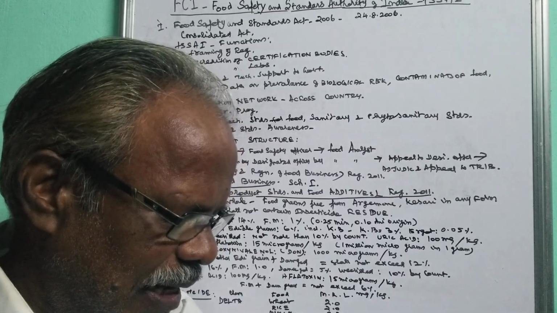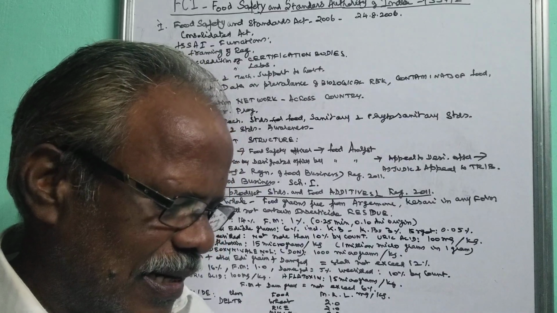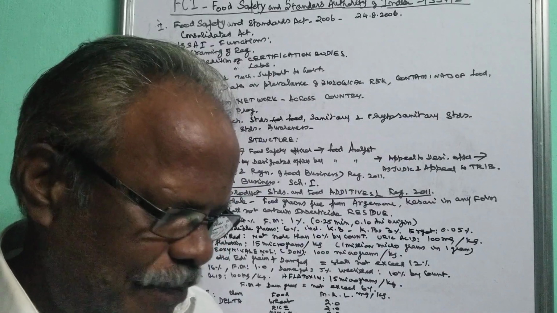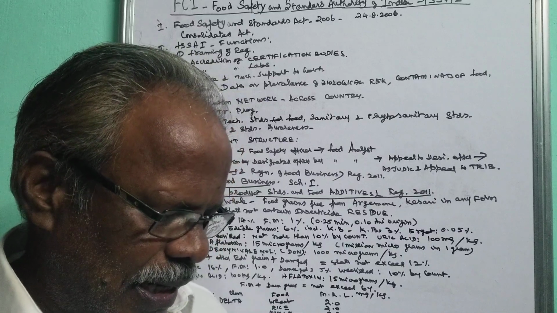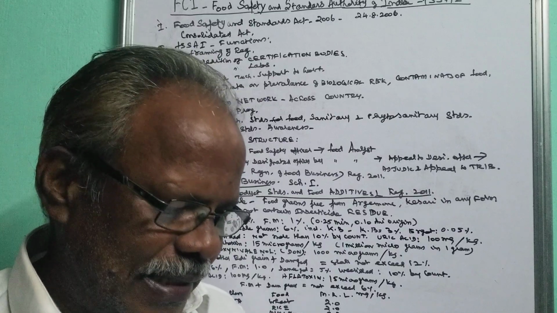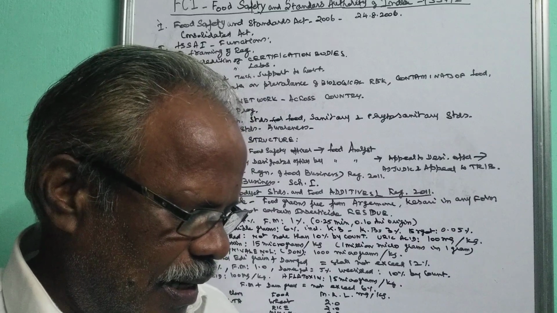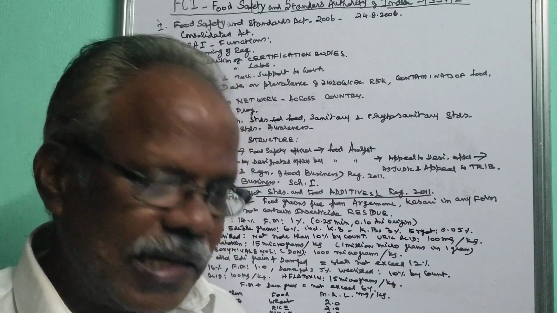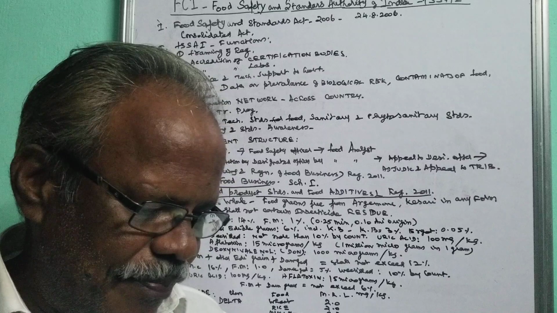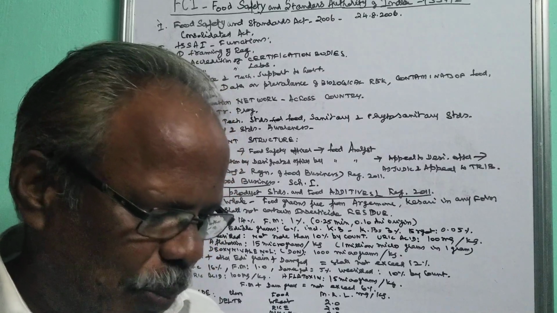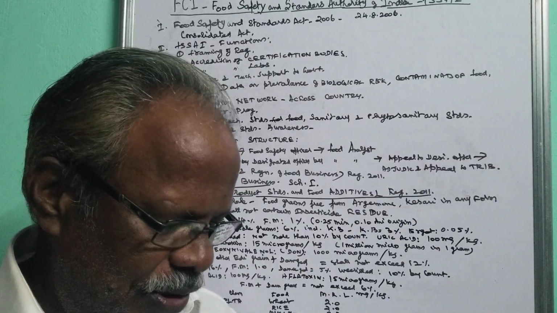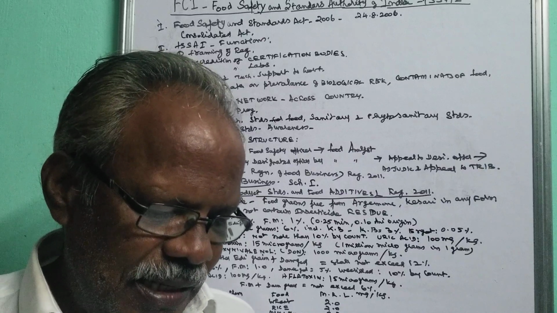The various acts are the Fruit Product Order, Meat Food Product Order, Vegetable Oil Products, Edible Oil Packaging Order, Solvent Extracted Oil, De-oiled Meal, and the Milk Products Order 1992.